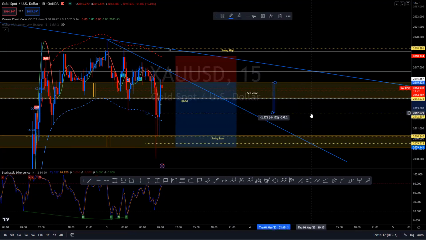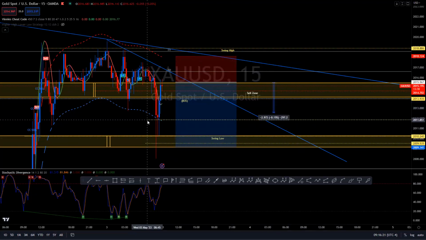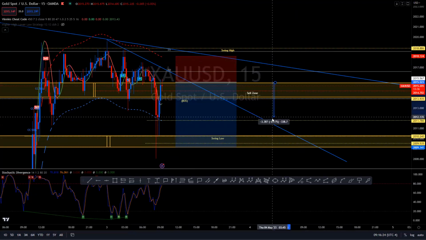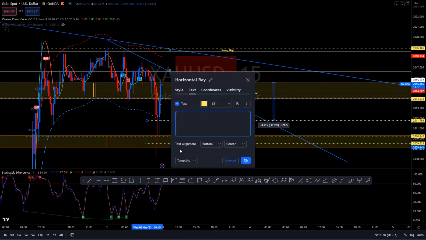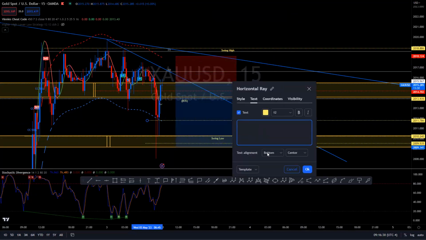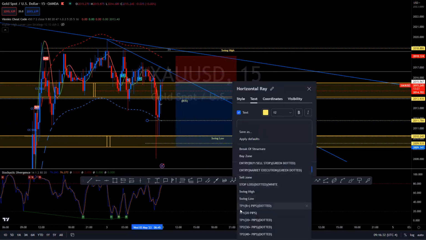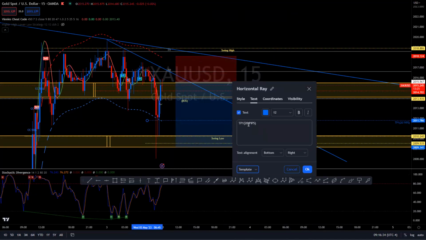So here, this is more than at least 3 range. Yes, at least. So TP1, we're going to do 50 plus points.